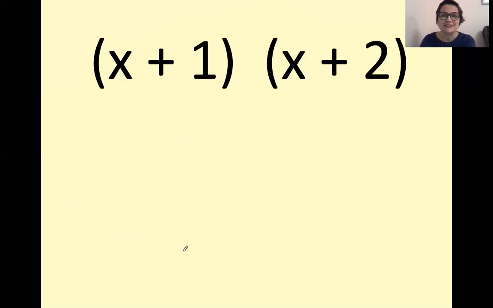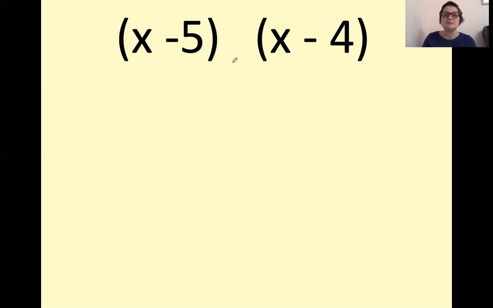Right, so the next one, we have this one, x plus 2 that multiplies x plus 2. Is this the one we've done? Yes, we've done this one. And now x minus 5 that multiplies x minus 4. Again, first term of the first bracket multiplies the whole second bracket, just like that.